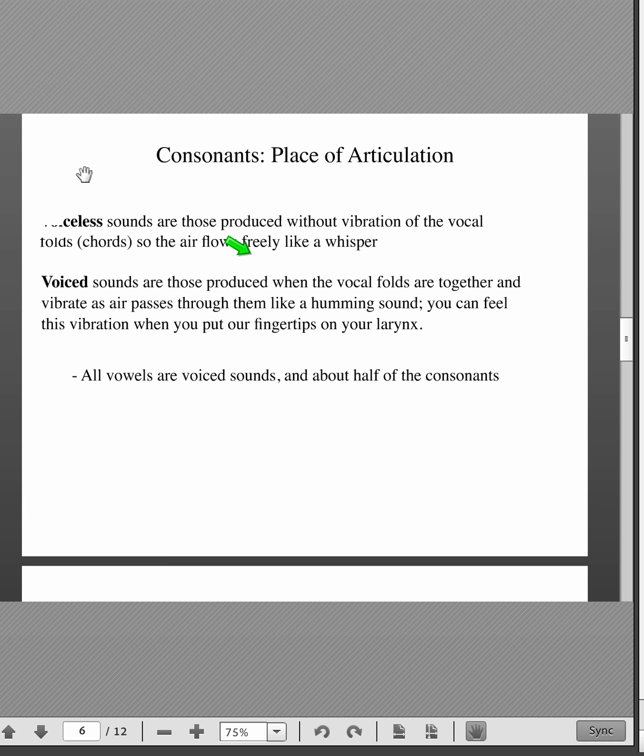So voiceless sounds are produced without the vibration of the vocal cords. The air flows like a whisper. When we say sh, when we say s, when we say ha, fa, ch, k, p, t.